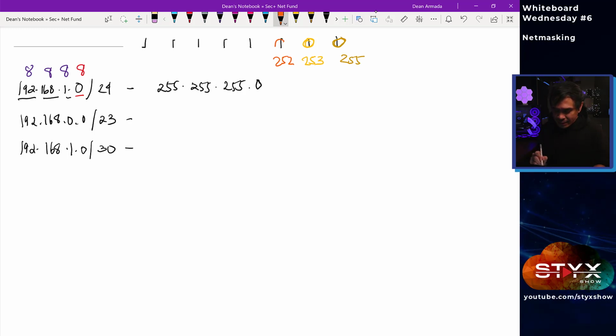Now, if I set this to 0, meaning 5 bits 1, 3 bits 0, this will become 248. Now, if I set this to 0, 4 bits 1, 4 bits 0, this will become 240. Now, if I set this to 0, 3 bits 1 and the 5 are zeros, this will be 224.